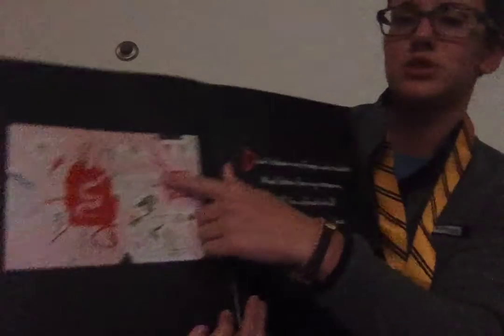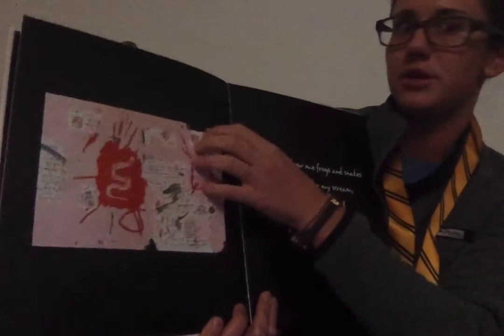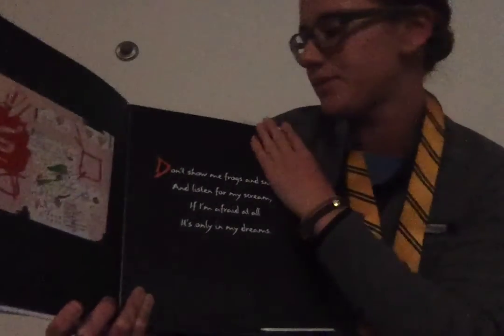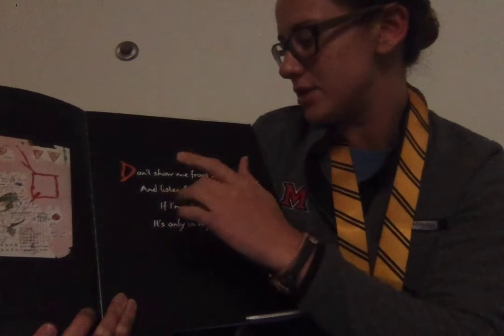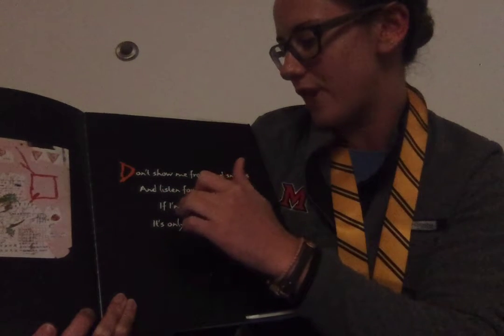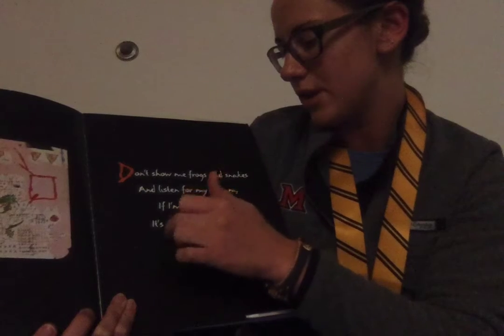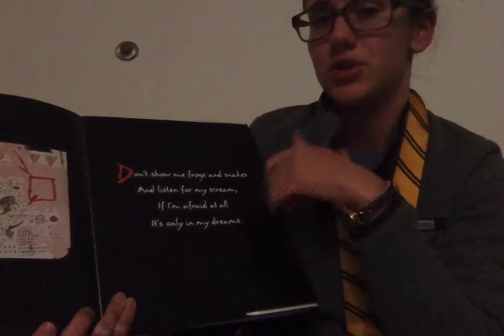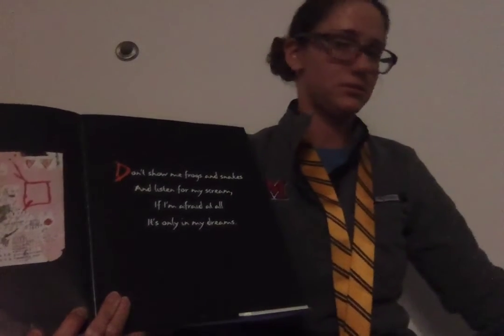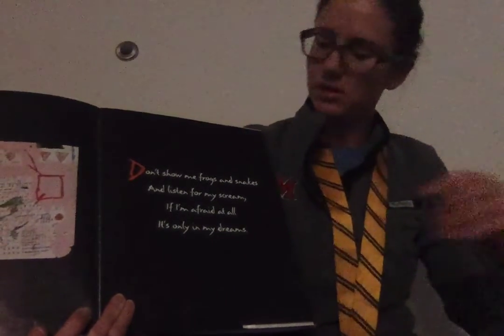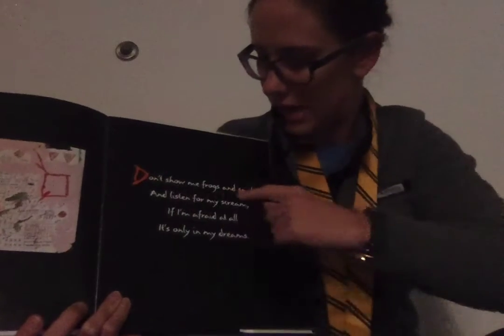This is the illustration that goes with it, which is what we learned in the previous lesson. Don't show me frogs and snakes and listen to my scream. If I'm afraid at all, it's only in my dreams. So, when we study this, we have our lines.